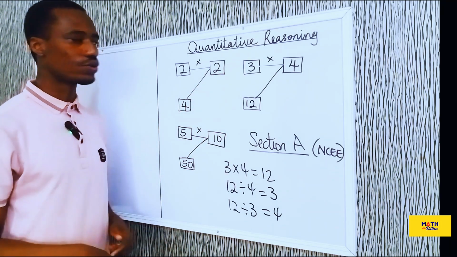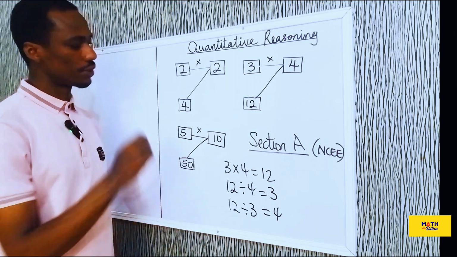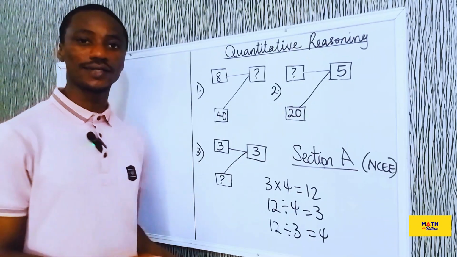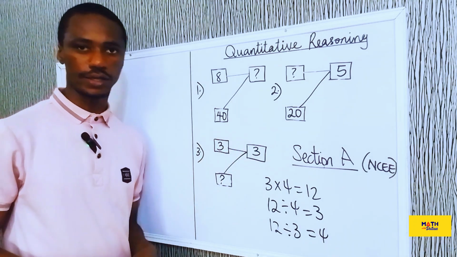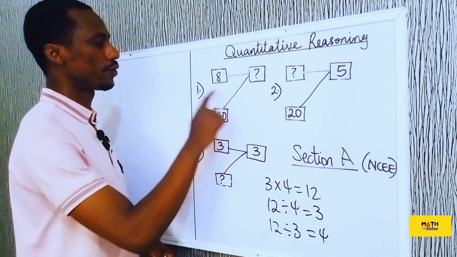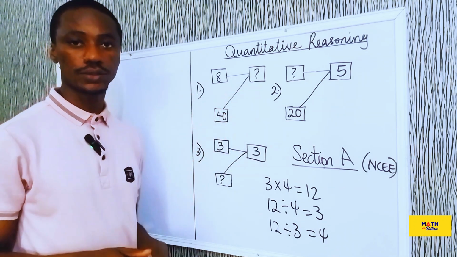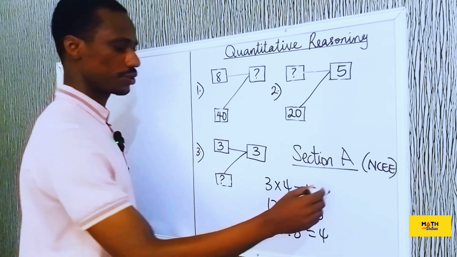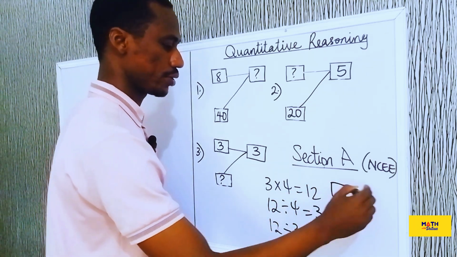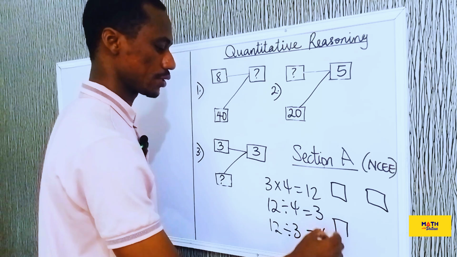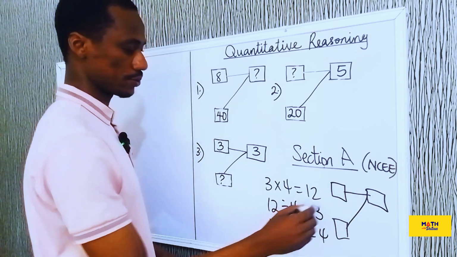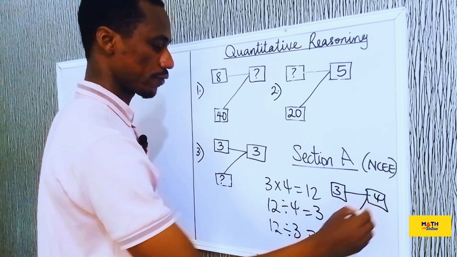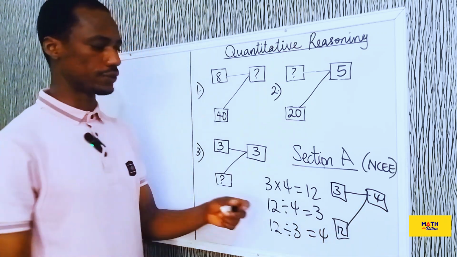Alright, so now let's go over and answer the questions. Now we have questions 1, 2, and 3. We are looking for this pot in the first one. Let me just quickly sketch the analysis we've done: 3, 4, and 12, so that we can follow this.